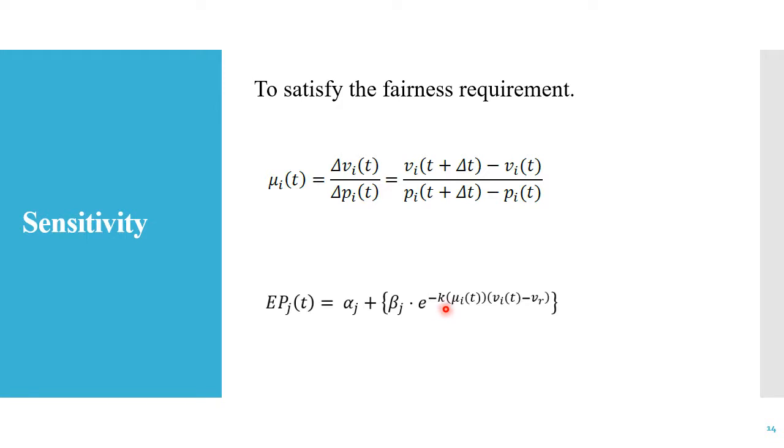Beta and K are both controller parameters that we use to tune the controller, and we have the sensitivity multiplied by the measured voltage minus the reference voltage, in our case 209, which represents 5% below the nominal voltage.